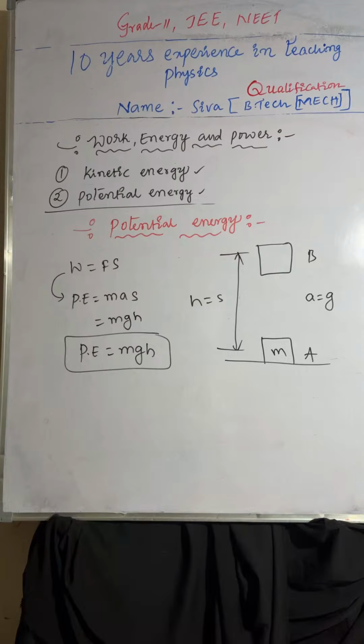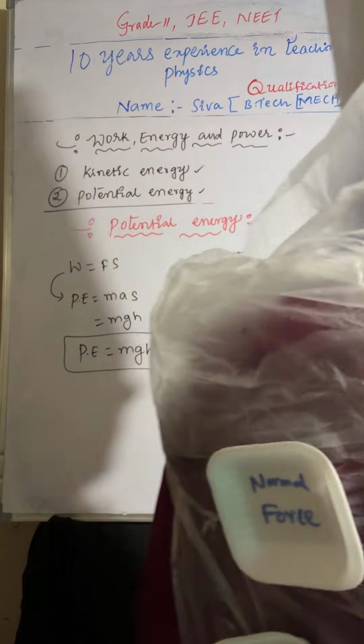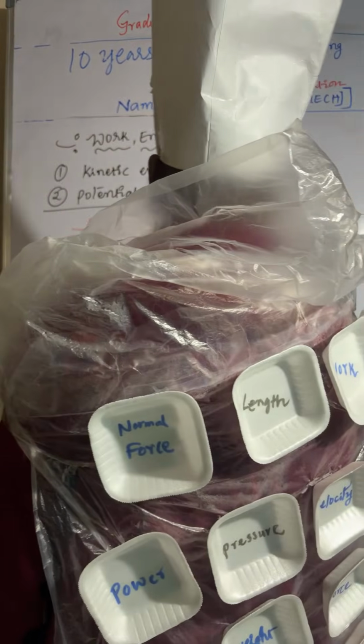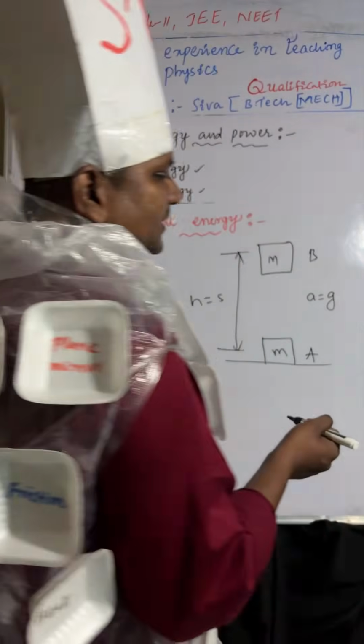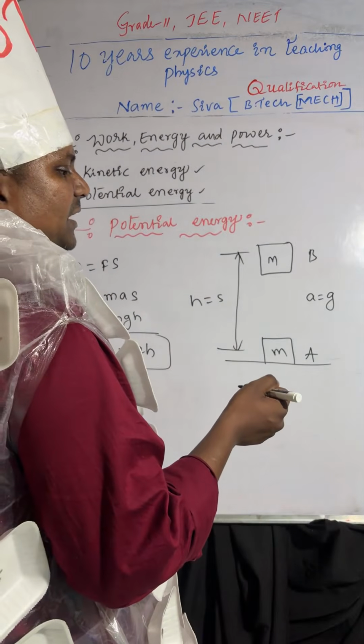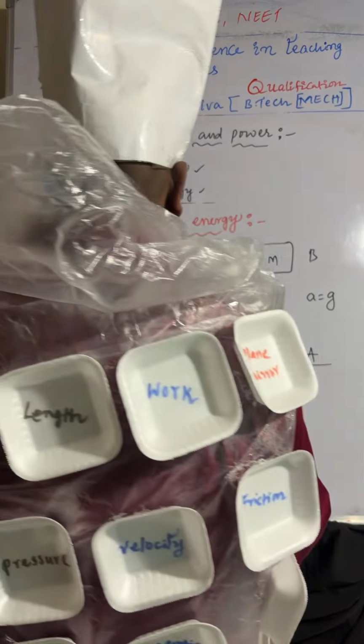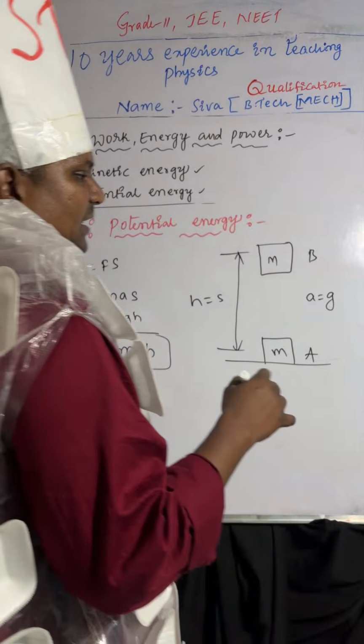So S equal to h, a equal to g. From point A to point B, the mass of the body is not changing, so that's why I'm taking the same mass. So P equal to mgh. I hope it is very clear. Understood? So that is nothing but potential energy.